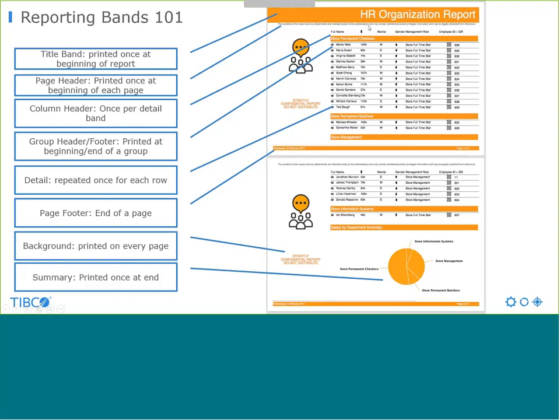I'm not going to read it all out, but the principle is that you're breaking down each page into its constituent parts, and subsequently putting data into them such that they render in the right way. So you can have page headers, column headers. Group's an important one, because what the group allows you to do is break down data.